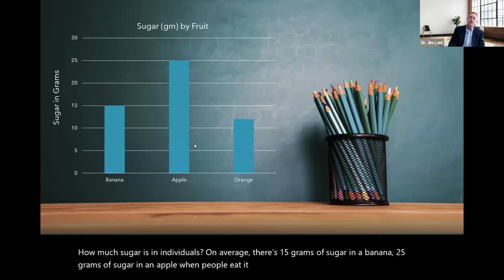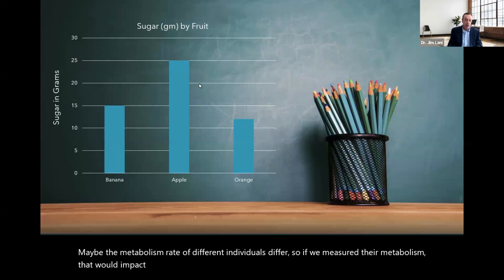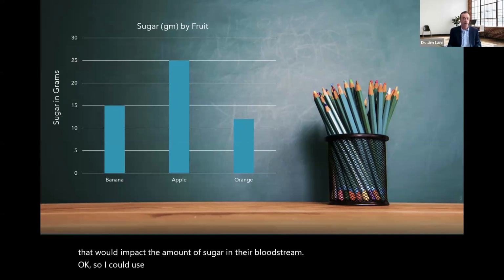But maybe the metabolism rate of different individuals differ. So if we measured their metabolism, that would impact the amount of sugar in their bloodstream. Okay. So I could use metabolism rates, which are correlated to sugar levels in the bloodstream.